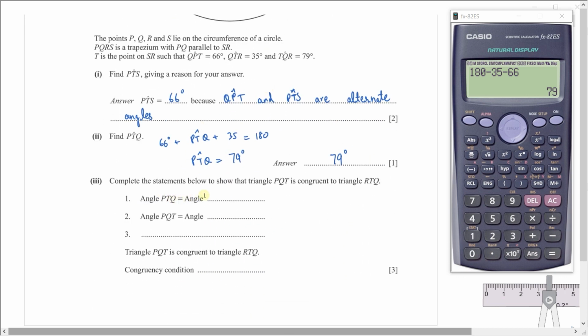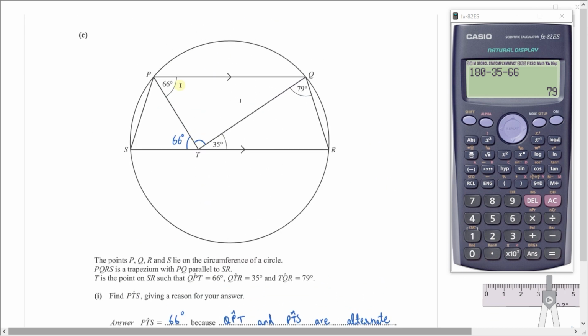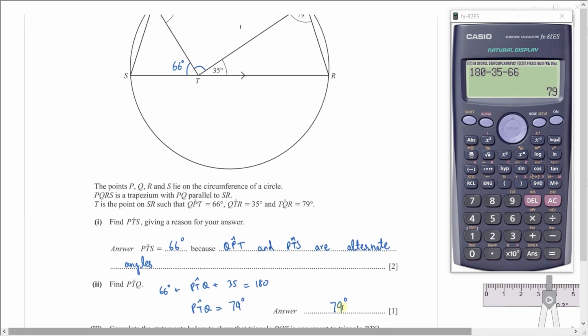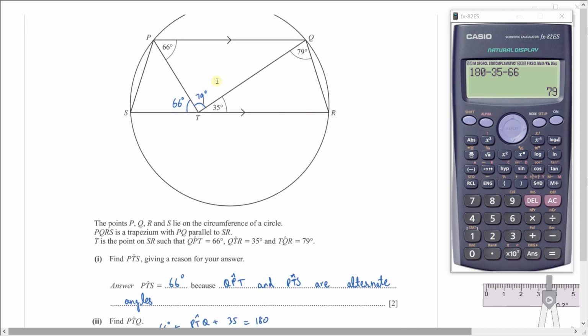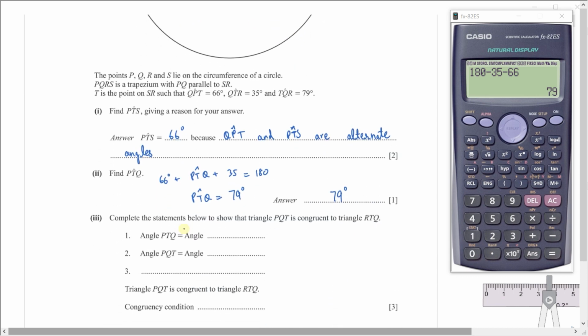So first angle PTQ, we calculated it as 79 degrees. So this angle is 79. So angle PTQ in this triangle is equal to angle RQT in this triangle because both are 79.